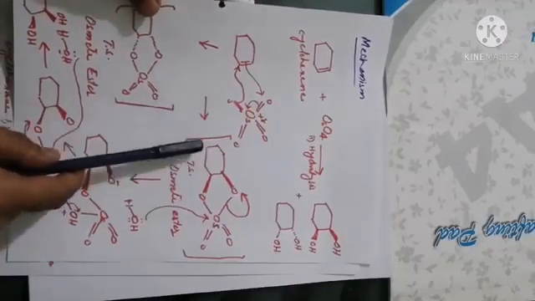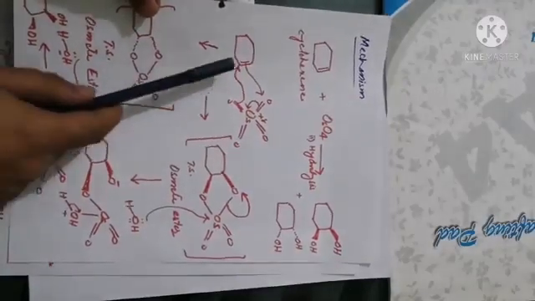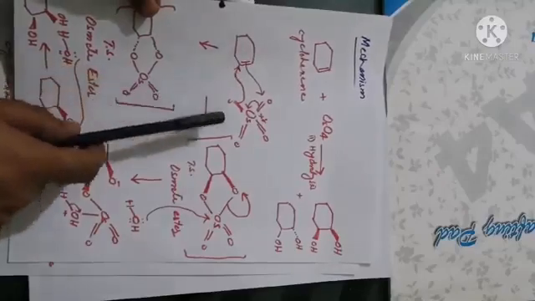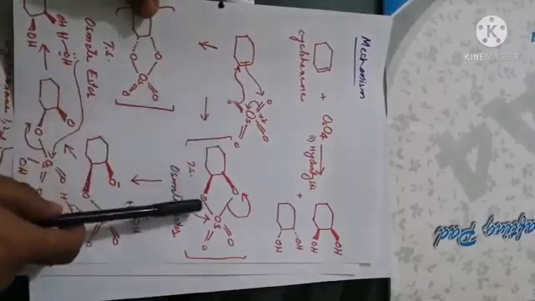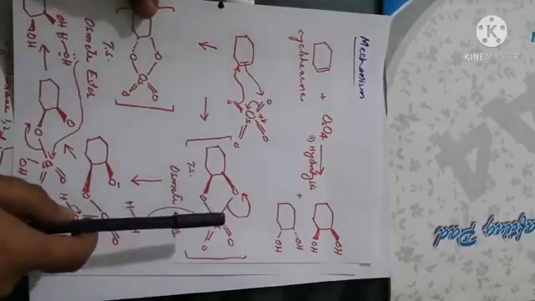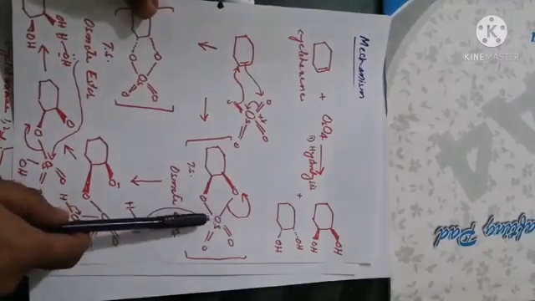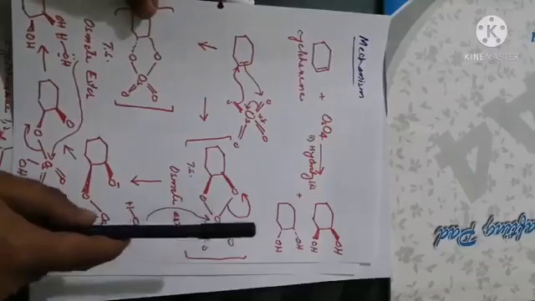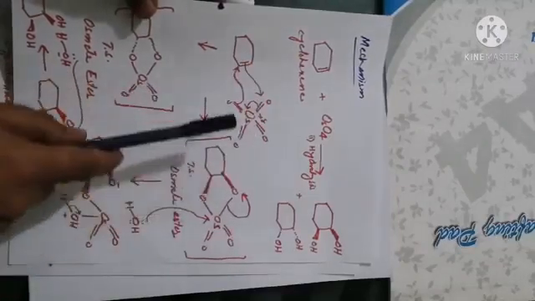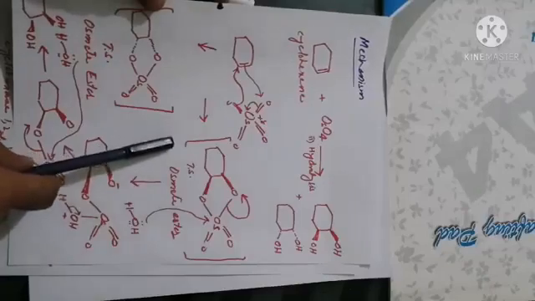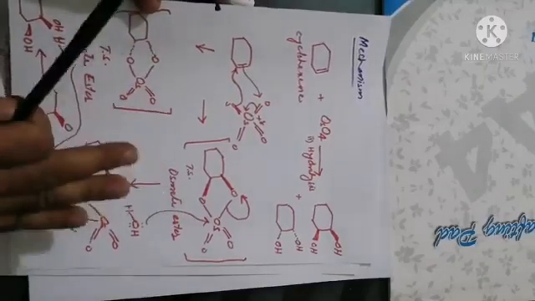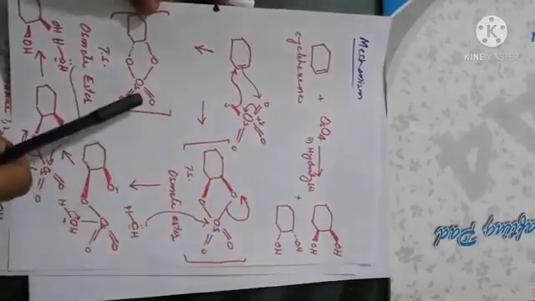Again, the first step is concerted. No bond formation and no bond breaking is occurring, only a cyclic transition state is forming, and this osmium tetroxide can attack from the upper phase of the double bond or from the lower phase. If it attacks from the upper phase, then we get diols where the two hydroxyl groups are on the upward phase.